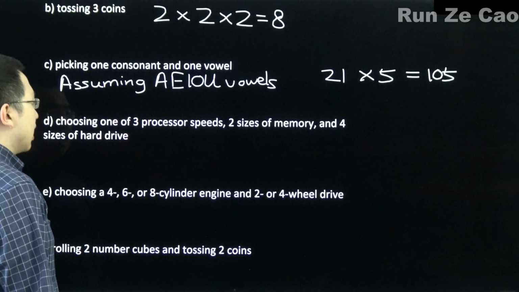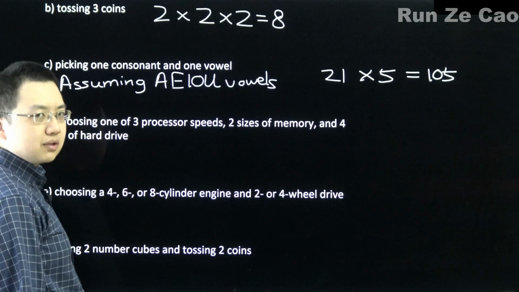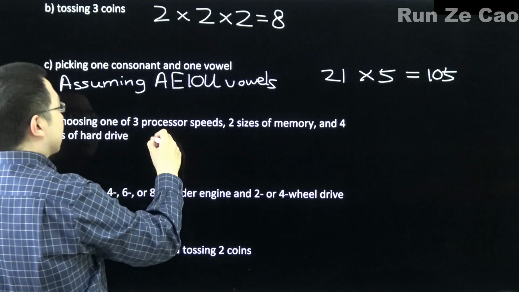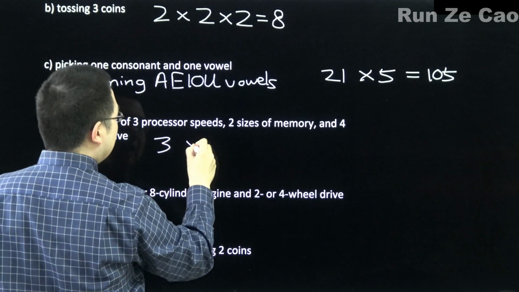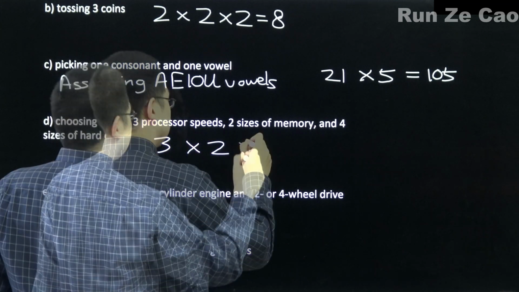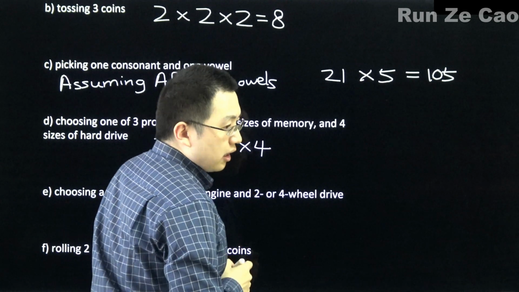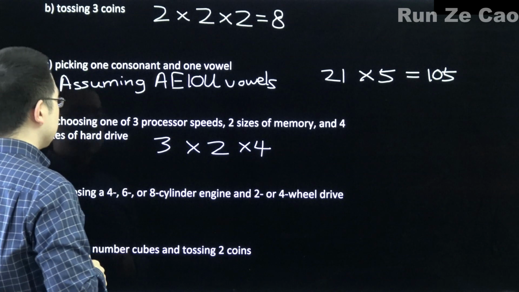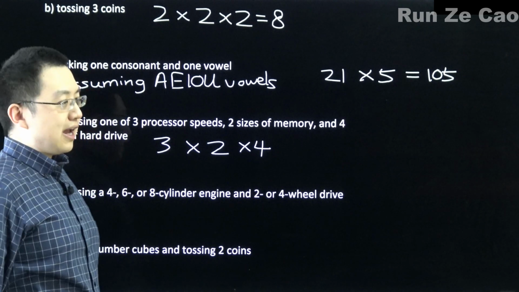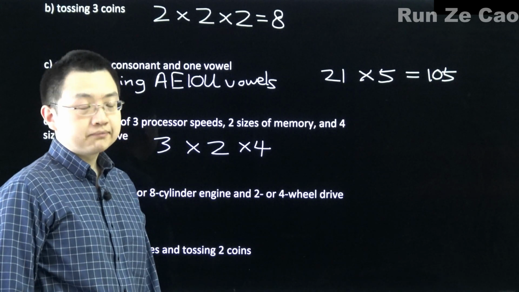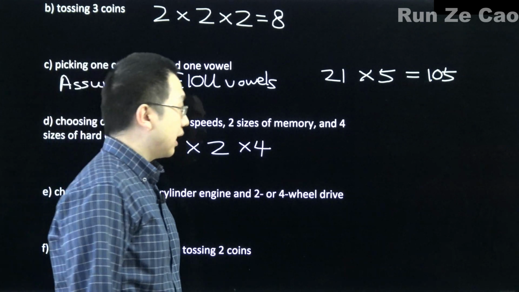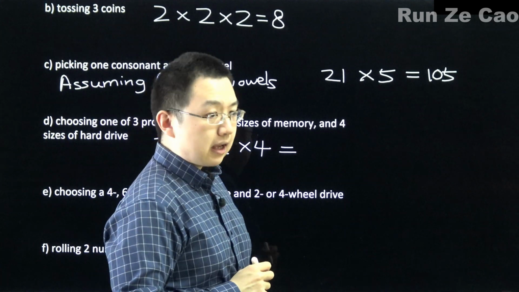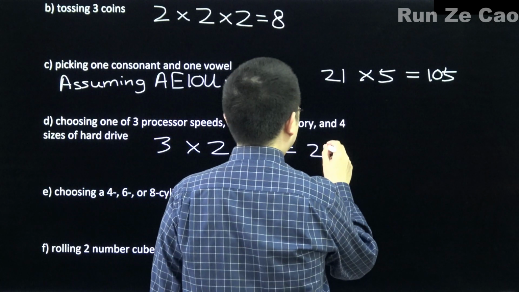But yeah, economy is kind of important, depending on what you're using this computer for, which means this is going to be 3 processor speeds times 2 sizes of memory times 4 sizes of hard drive. Although why you would put a huge hard drive or huge memory with the lowest processor speed you can get, I have no idea. Anyway, the total is 2 times 3 is 6, 4 times 6 is 24.